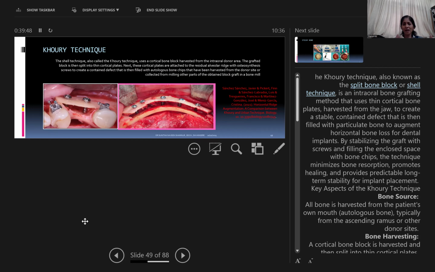And there is some amount of periosteal scarring that I have seen in my cases where I've used the Khoury technique. The Khoury technique can be used along with sticky bone also, but I will be talking about the sticky bone in the further slides.